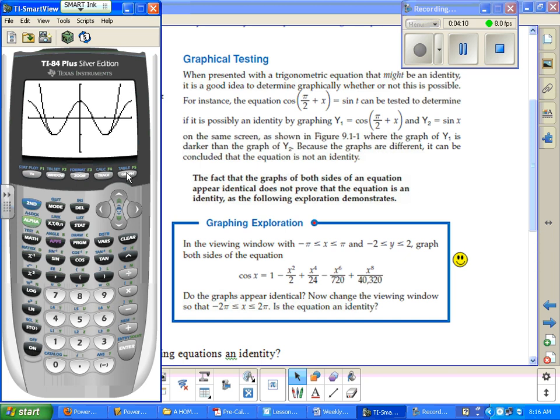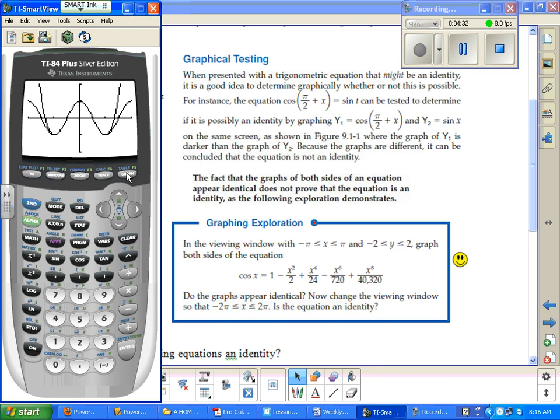And not only is it 8, but it's positive, right? Because it's positive x to the 8th over 40,320, which tells me that the end behavior of this graph is going to smile. So eventually, there's no way it could match that graph. But from negative pi to pi, it does. But if we look at it with a bigger window, then it obviously doesn't.